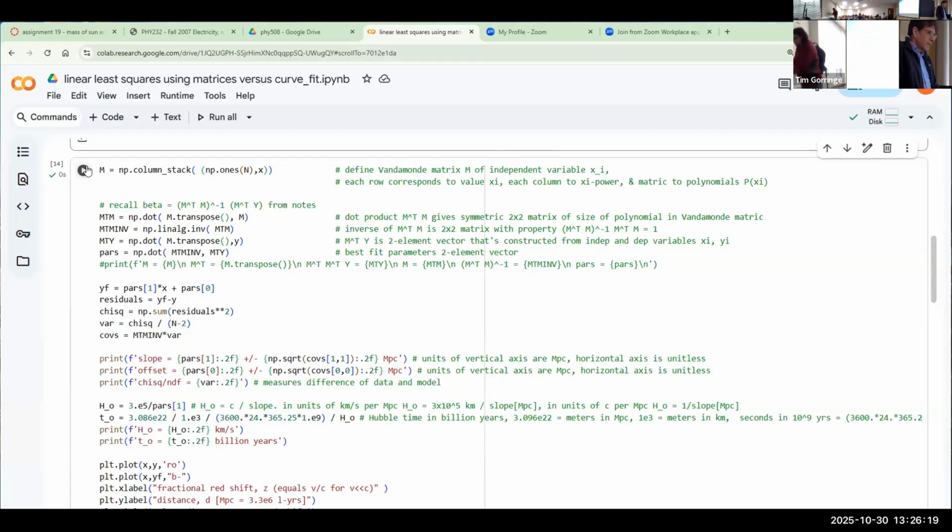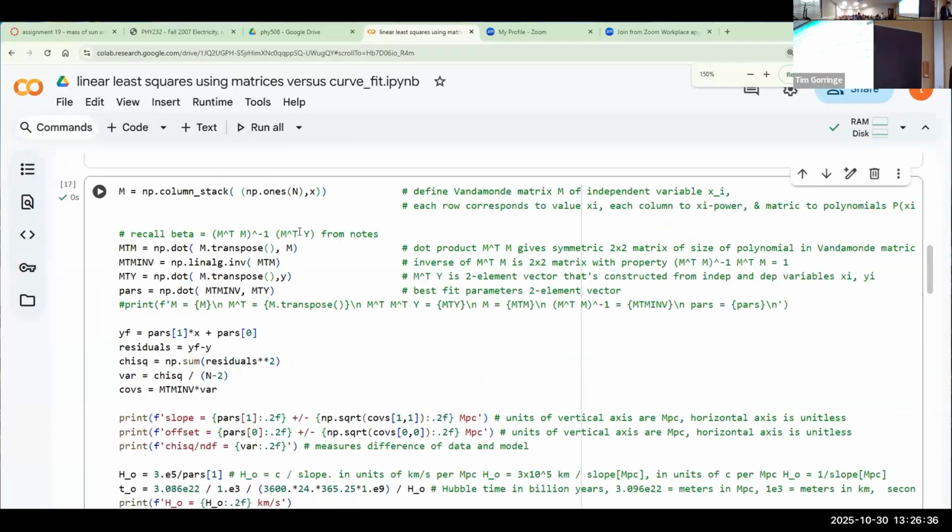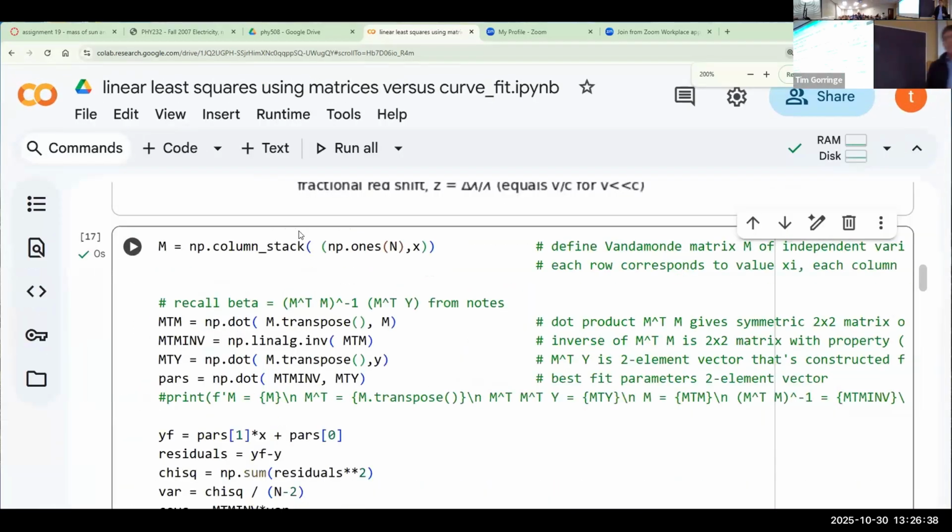This cell is where I'm going to calculate the best fit line to the data, so the slope and the intercept of the best fit line. Better make this larger. I'm using that matrix algebra equation that we derived from matrix calculus.